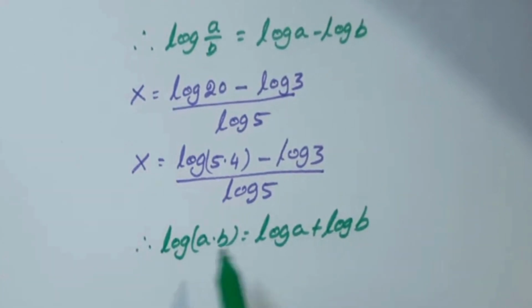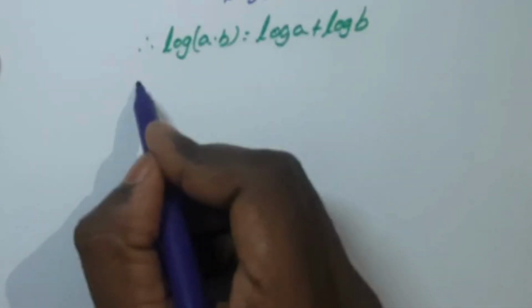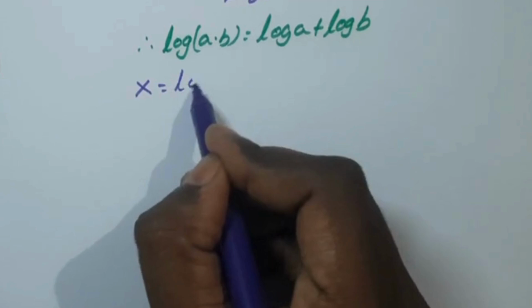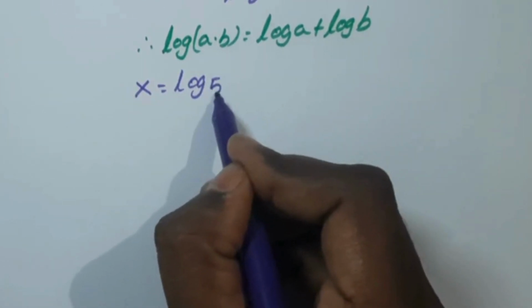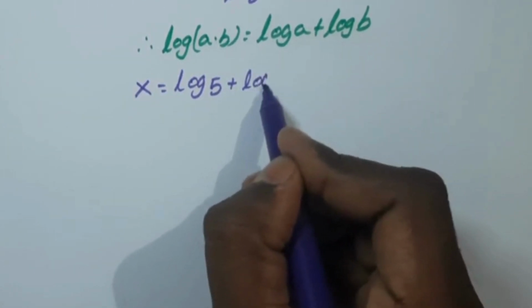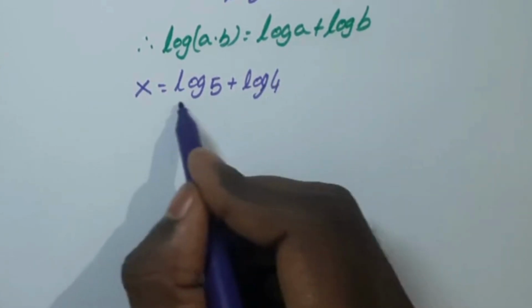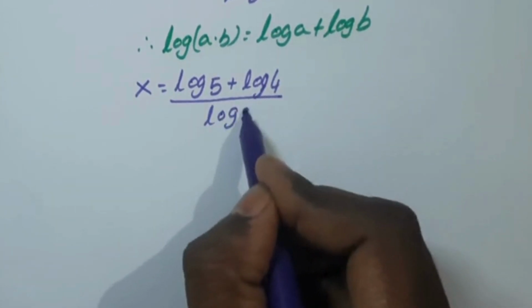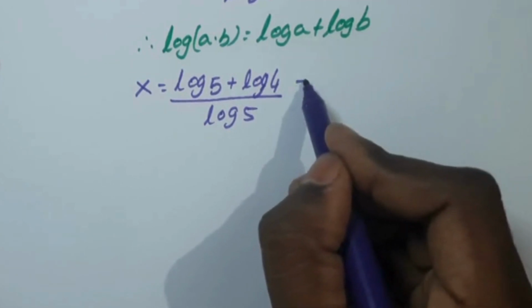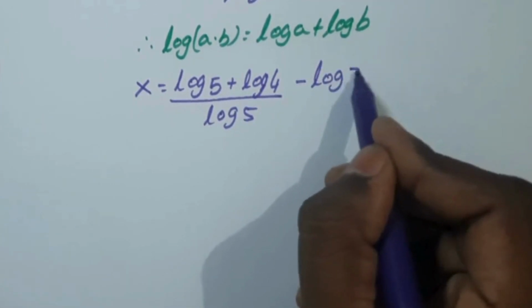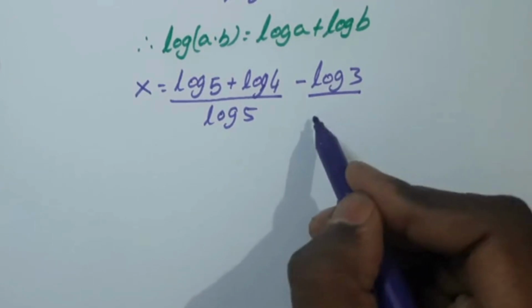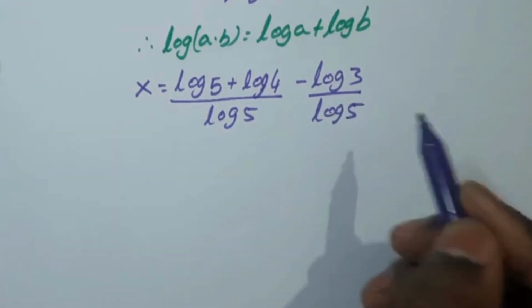We are going to implement this here. So x equal to log 5 plus log 4 by log 5 minus log 3 by log 5.